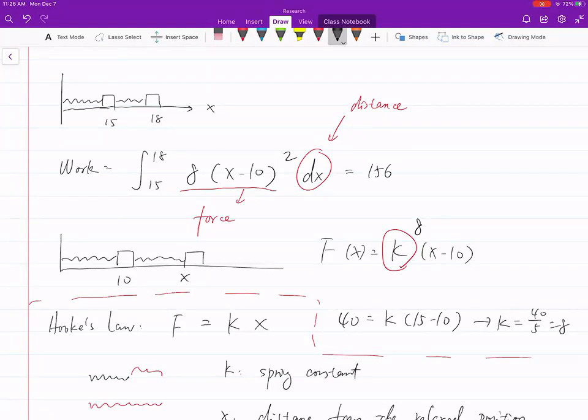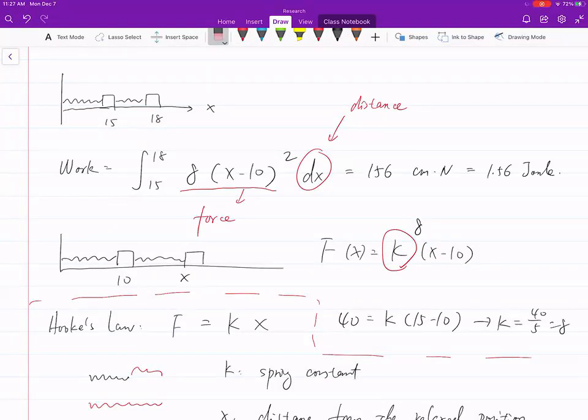But the unit is going to be centimeter times Newton, which is 1.56 joule, which is meter times Newton. So you need to do the conversion after that. Otherwise, you change this to be 0.15 and 0.18 if you want to do everything in meters. So it's really a matter of which unit you want to use. You can do it before or after.